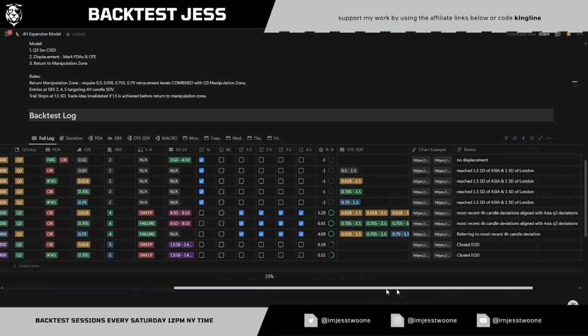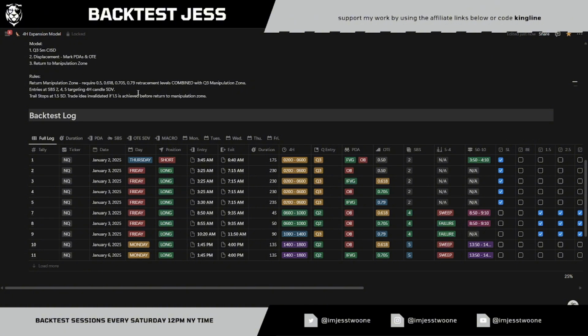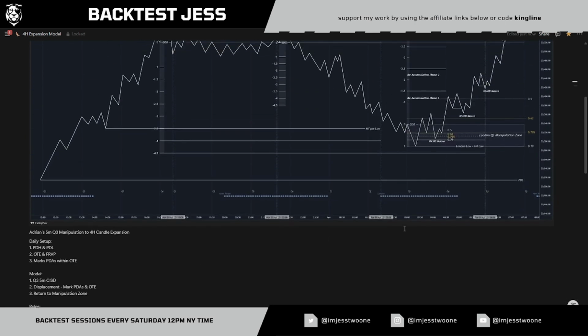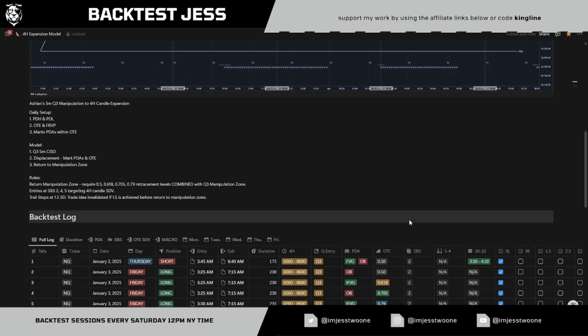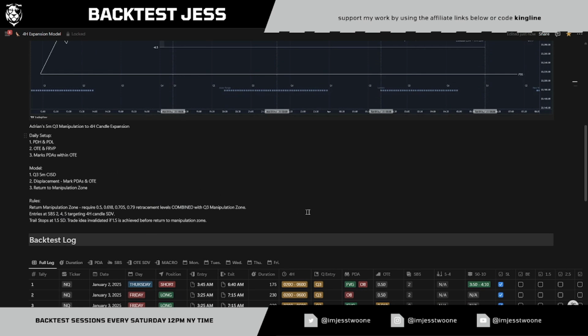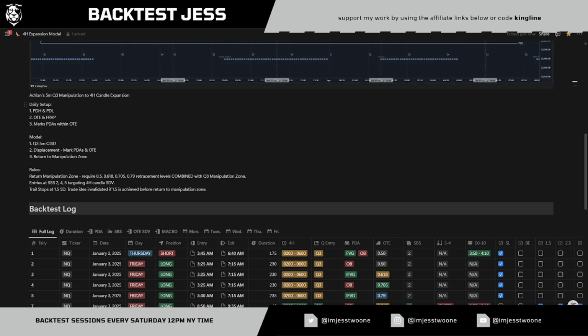We just need a little bit more clarity on the targeting, because we did get clarity on the trailing stop. Other than that, maybe we can define more what we're considering the Q3 manipulation. I can show you a screenshot, but just take my word for it. He said that the A+ setup is when we get a session sweep.